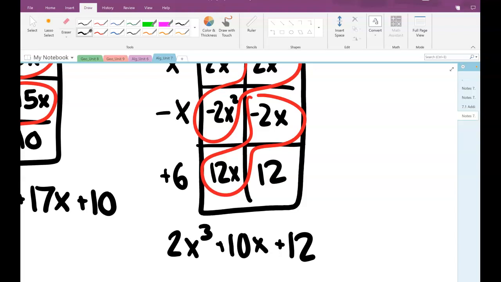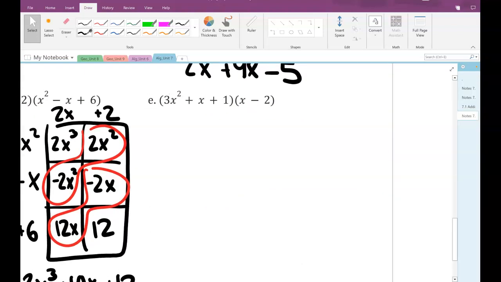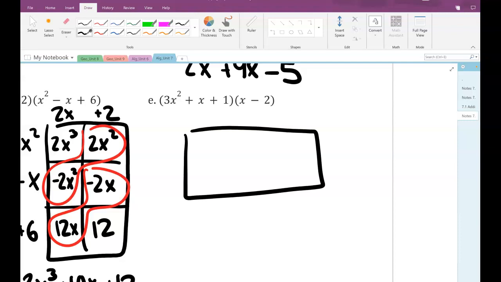So for the last example, if you feel like you can do it on your own again, go ahead. Otherwise, follow along. You can do this two ways. Now that this parenthesis in front has 3 terms, we could have a box that is 3 columns and 2 rows.